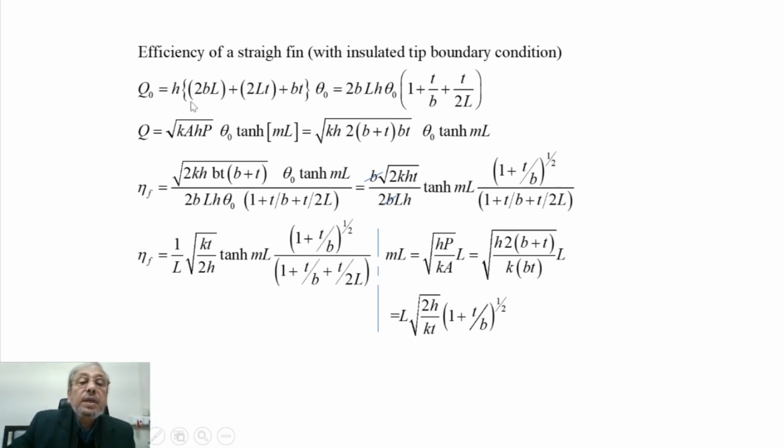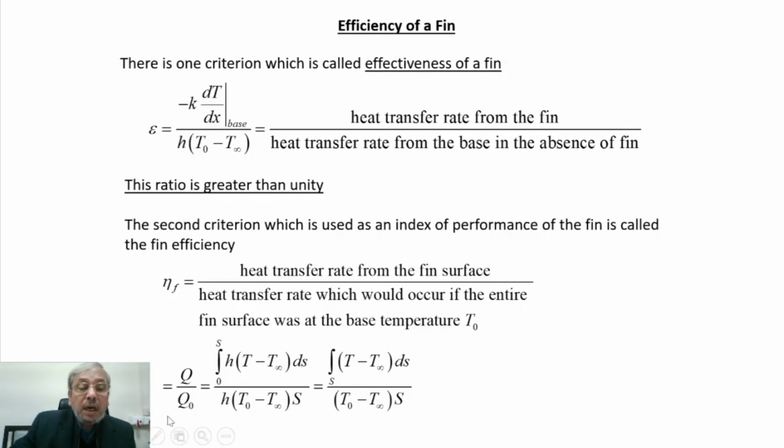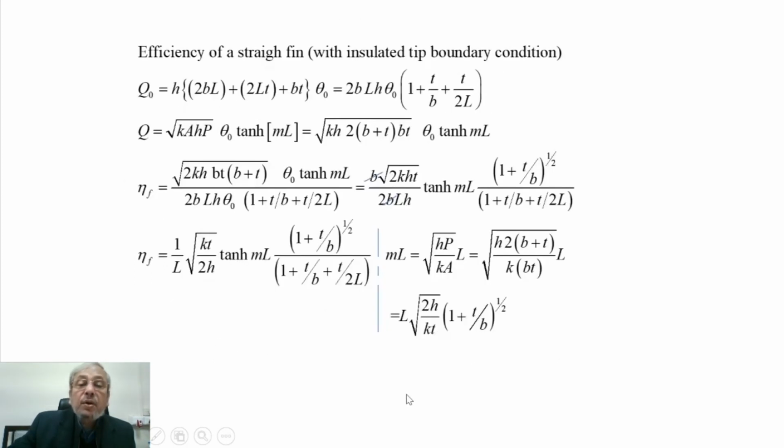So h into this total complete area into theta naught, and this is q naught if basically only surface area has to be considered. Remaining is theta into entire surface area. So geometrically we have twice BL, B is the width and L is the length.